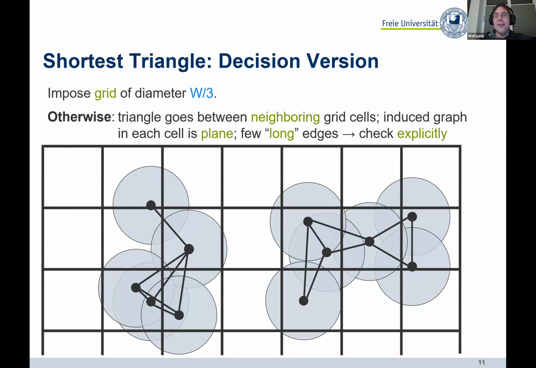And we know that the triangles, if they are there, of length at most W, have to be somehow local. They can only go between grid cells that are close together, maybe one or two apart. Then there are very few candidate triangles that we need to check. We do check them, and then either we find one or we know it does not exist.